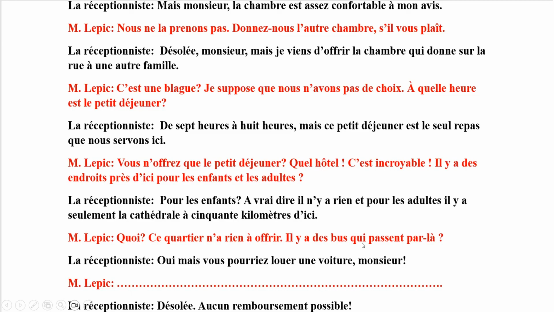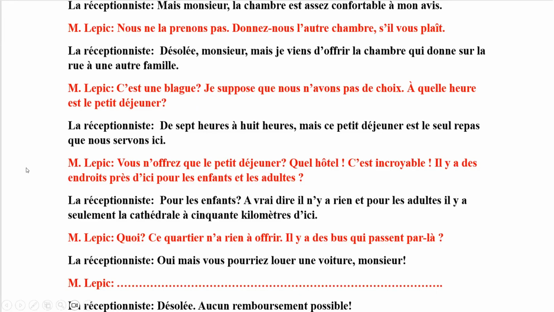Il y a des bus qui passent par là? Are there buses that pass by here, pass through here? Oui, mais vous pourriez louer une voiture, monsieur. Yes, but you could rent a car, sir. So we can see that our response fits perfectly within the context.